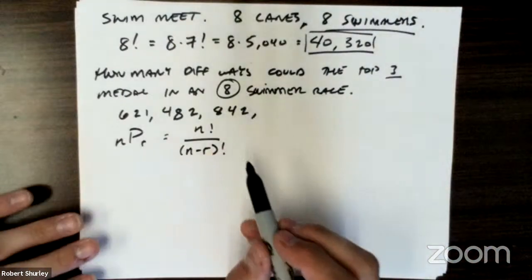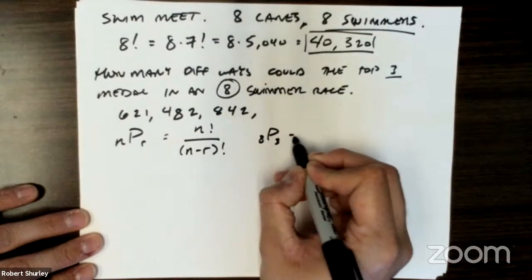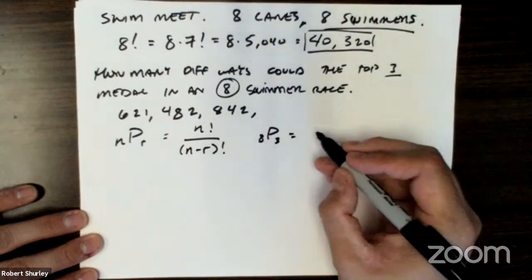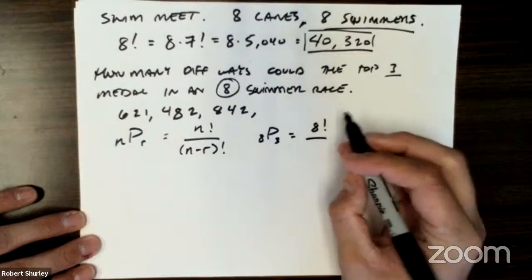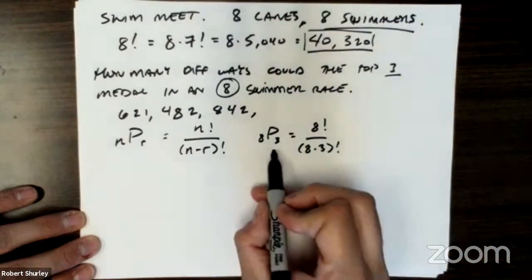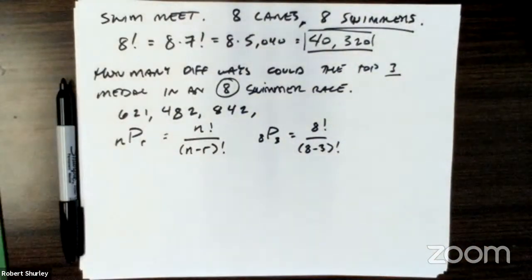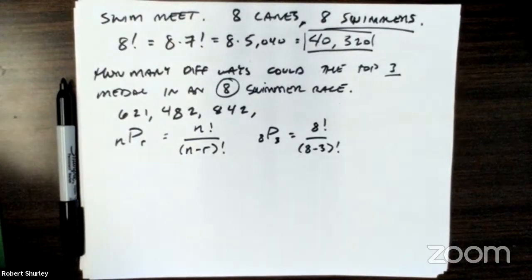So for our example, it would be 8 permutate 3, which is 8 factorial over 8 minus 3 factorial, because 3 is the smaller. Then we've got to simplify it down, but that's what the formula looks like and how we're going to use it.